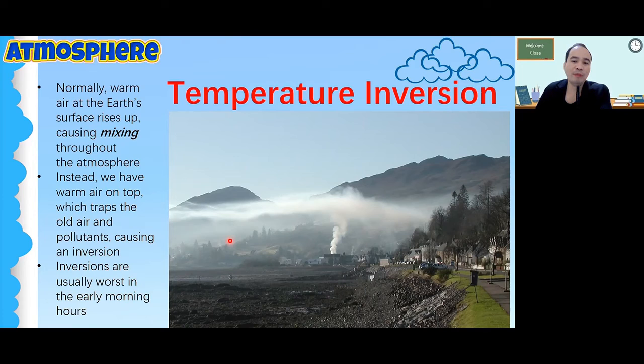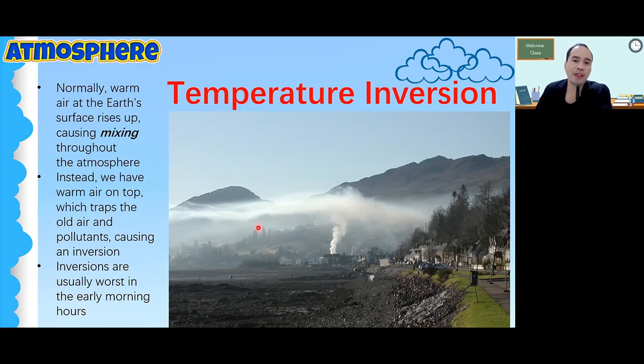And with our basic knowledge that hot air goes up and cold air goes down, if the temperature here is colder, the old air or the pollutants will stay longer in this area, right? Because it's still cold, right?